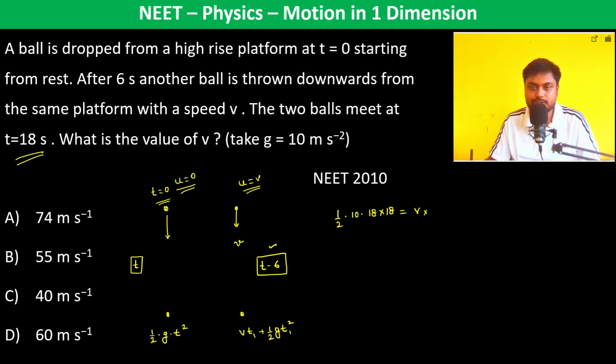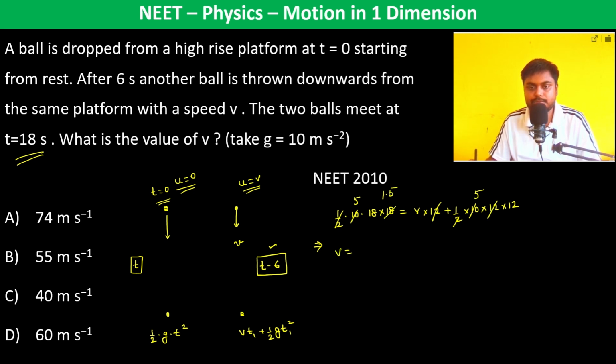So 18 minus 6 is 12, plus half into 10 into t minus 6 whole square, which is 12 into 12. So this is 5, this is also 5, 12, and this becomes 1.5.